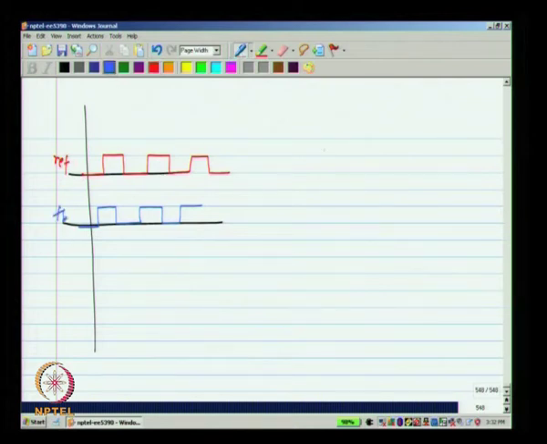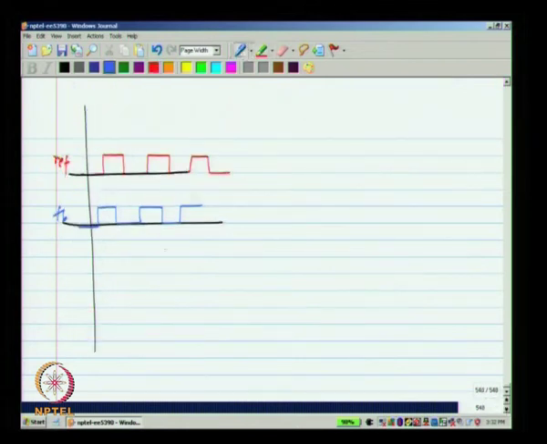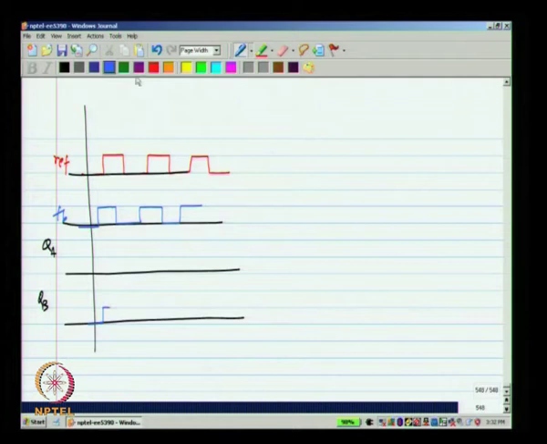And you can see that this system is exactly symmetrical between reference and feedback signals. So, the output will be reversed. What happens is, if you plot QA and QB, QB will rise here and QA will rise over there and will immediately get reset. QB will also get reset. The next period exactly the same thing happens again.